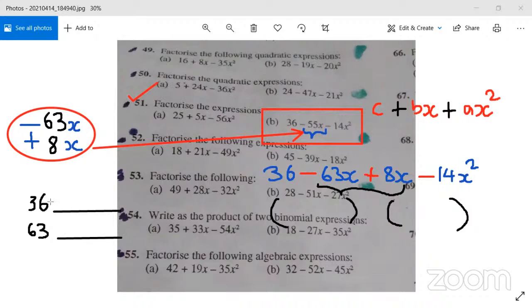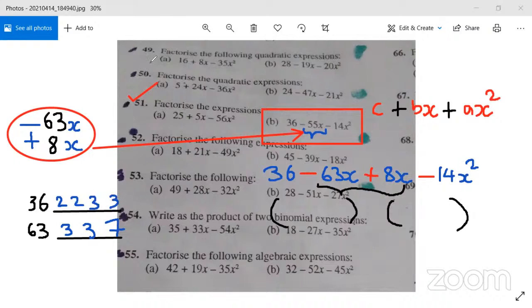Well, this would be 3 by 3 by 7. 9 times 7 is 63. And this will be 2 by 2 by 3 by 3.